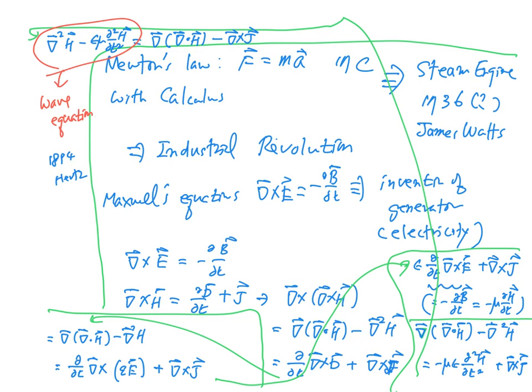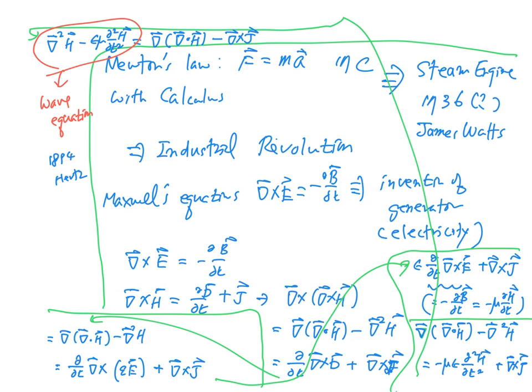So Newton first opened the door to civilization by mathematically formulating gravity and mechanics, and also invented calculus, 미적분학. That led to the invention of machines, the industrial revolution.